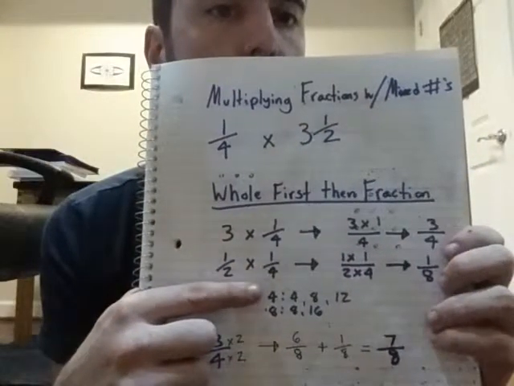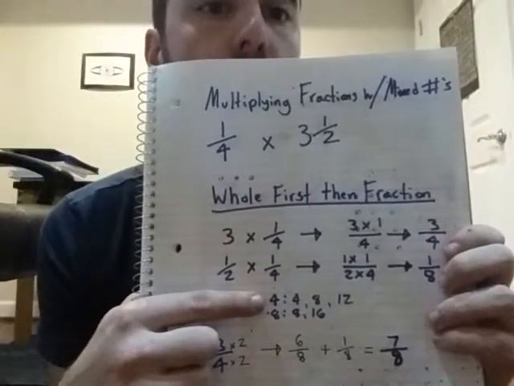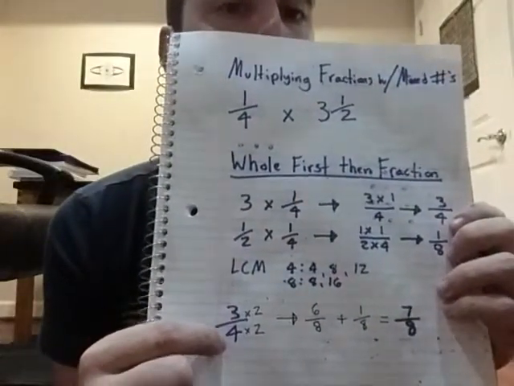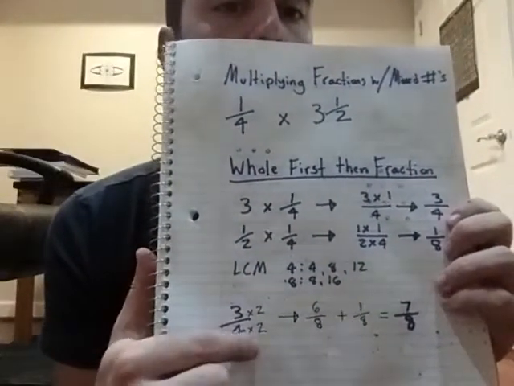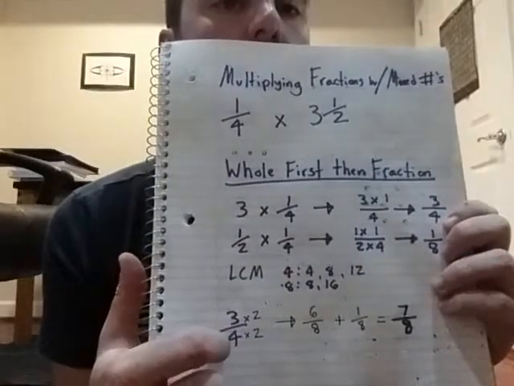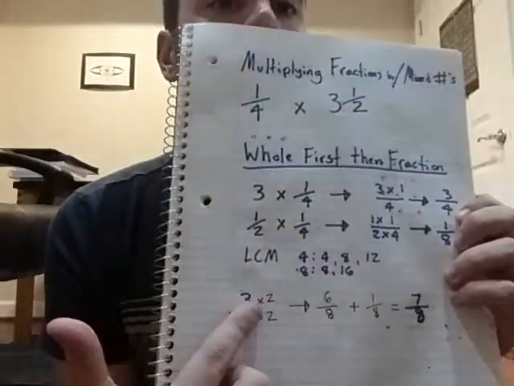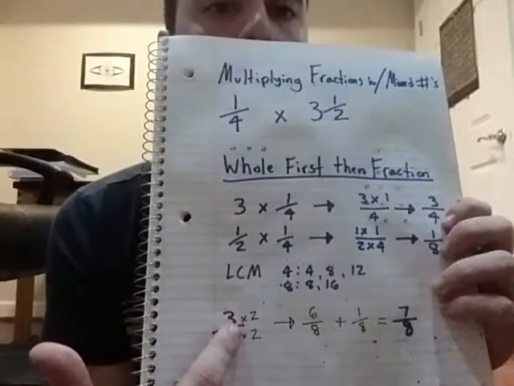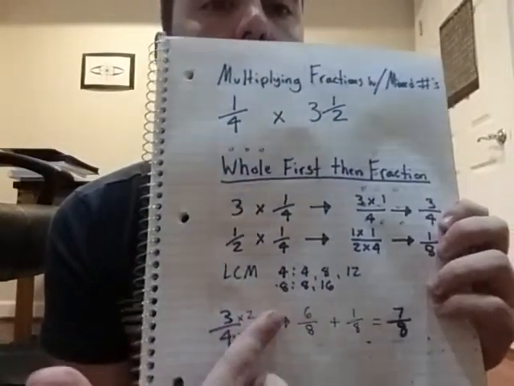I just need to multiply my fourths times 2 in order to get 8s. So that's what I did down here. I took my 3/4 and multiplied it by 2. The denominator 4 times 2 will give me my 8s. And remember, whatever we do to our denominator, we do to our numerator. 3 times 2 is equal to 6.